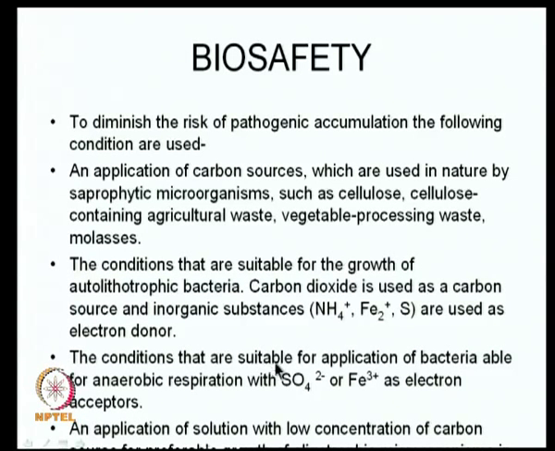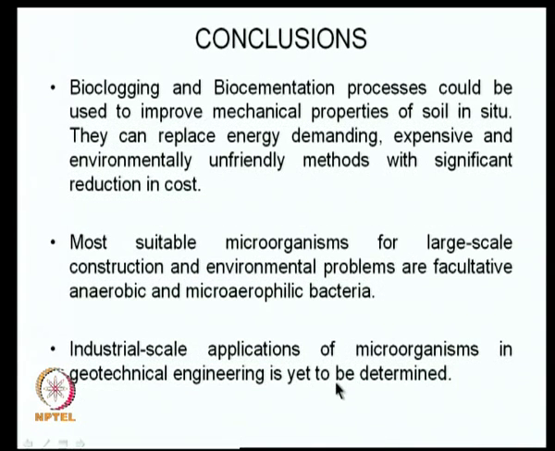And conditions suitable for bacteria able to perform anaerobic respiration with sulfate and ferric ion as electron acceptors. The application of some of these low carbon sources is also quite useful.